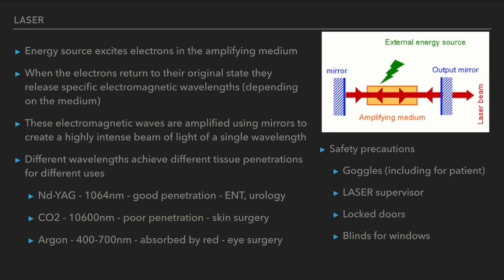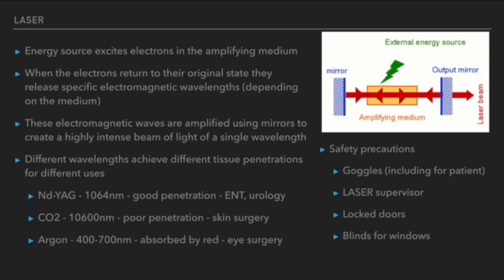With regards to the carbon dioxide, it's 10.6 micrometers, but I couldn't figure out how to do a micrometer, so I've translated it to 10,600 nanometers. CO2 lasers are mostly used in dermatological surgeries, so say removing port wine stains and tattoos and things like that. Argon is between 400 and 700 nanometers, which is in the spectrum of light where it's absorbed by the color red.